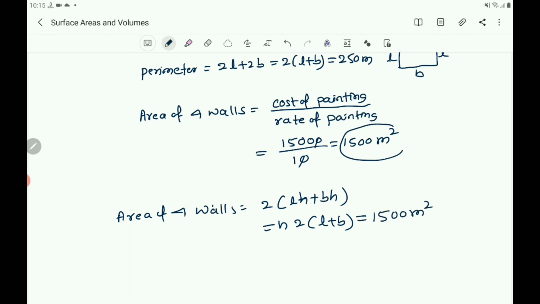You got that the area of the four walls is 1500 meter square, and according to the formula it is H into 2 into (L plus B), that is 2 into (LH plus BH).